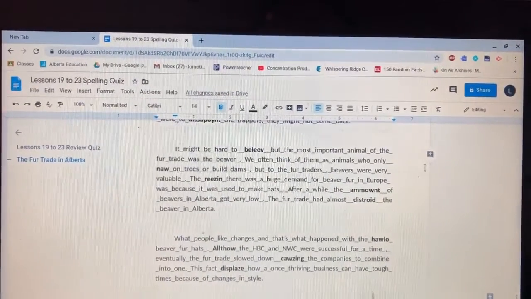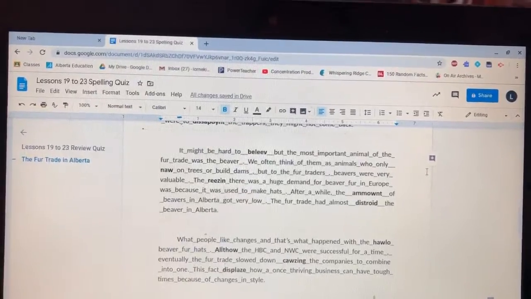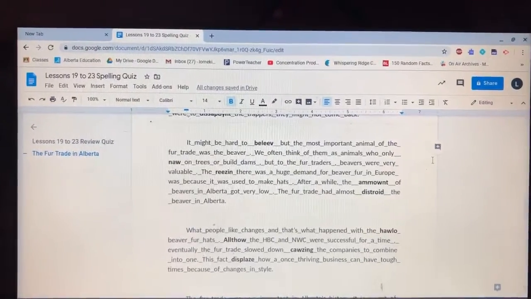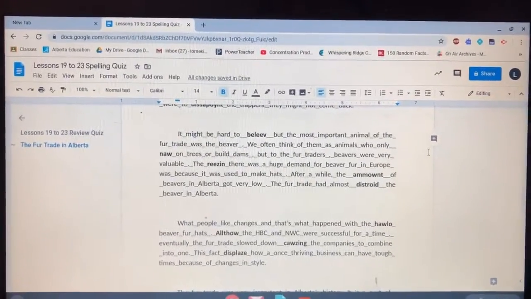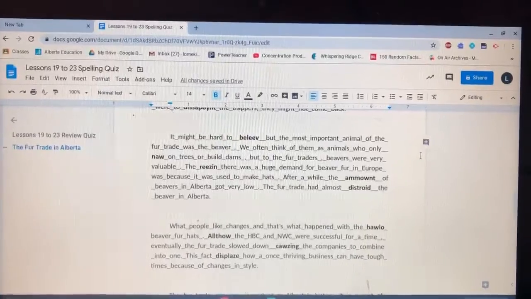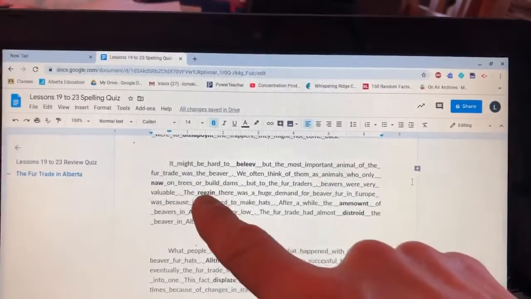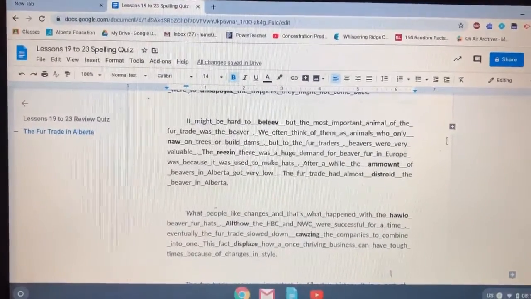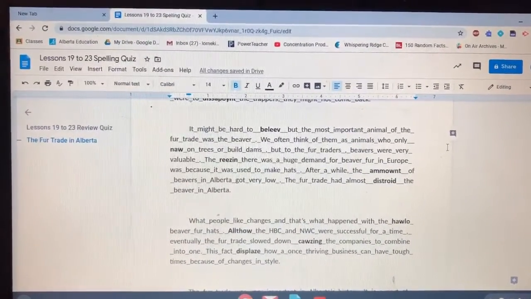We often think of them as animals who only gnaw. Gnaw is spelled wrong. Who only gnaw on trees or build dams. But to the fur traders, beavers were very valuable. The reason, that's not right. Spell that right, please.